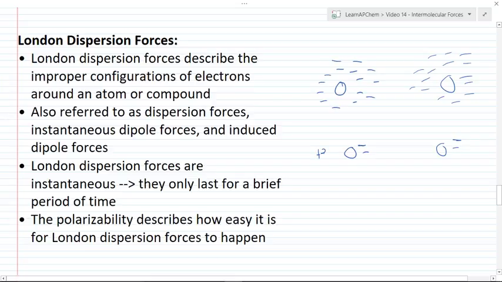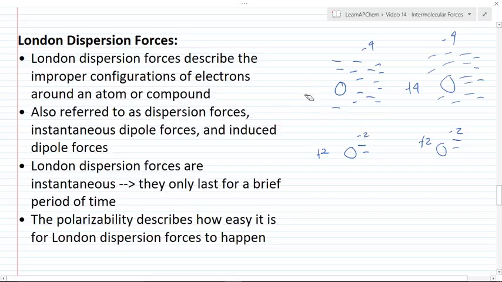And here we'll say we have a force of +2. Here we have one of -2. On this side, we have a force like so.